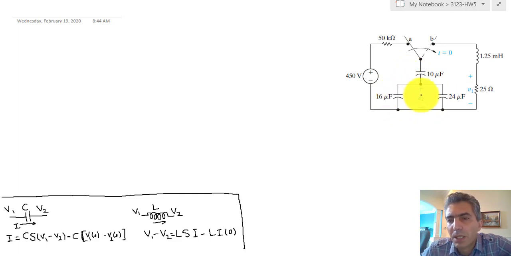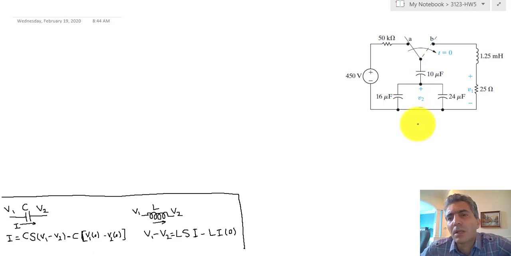We know that when the capacitors are in parallel to each other like these two, you can add up the value of the capacitance, and when they're in series to each other, you use the same kind of rule that you use for resistors in parallel. In other words, 1 over the equivalent is equal to 1 over each one added to each other.